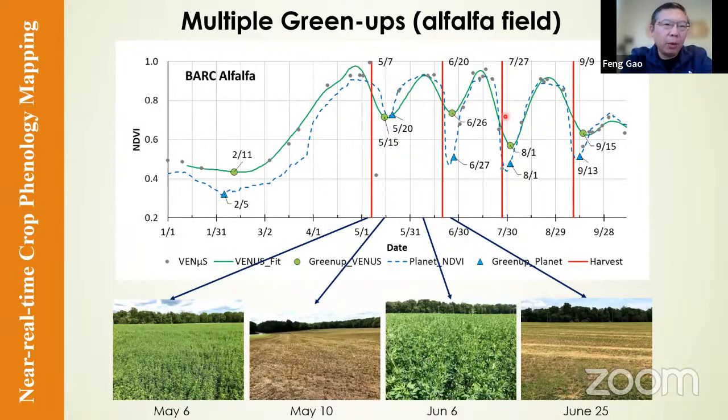So they can provide daily observation at 3-meter resolution at a global scale. Even though this data is a little different from Venus data because their sensors and acquisition strategies are different, and the time series are quite different, the detected growing-up dates are similar. That's a good sign for high temporal and spatial resolution data.